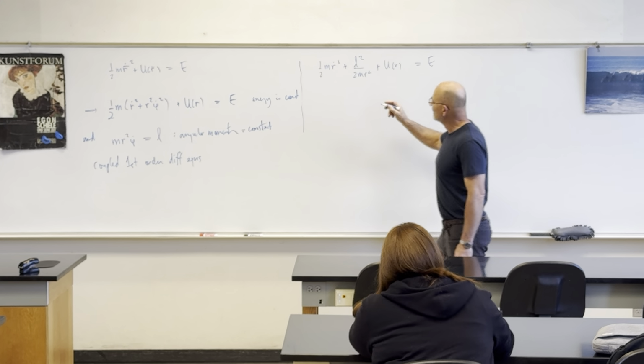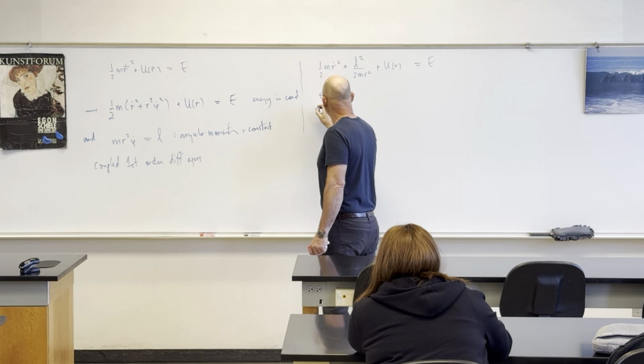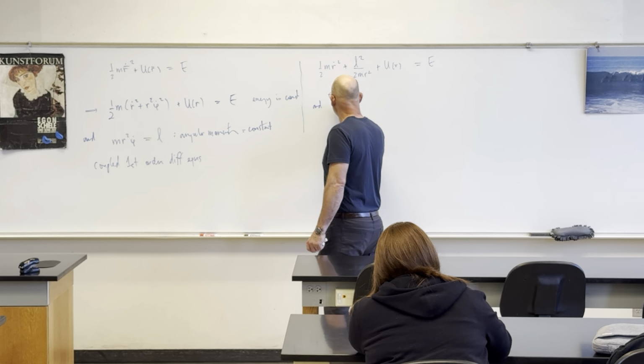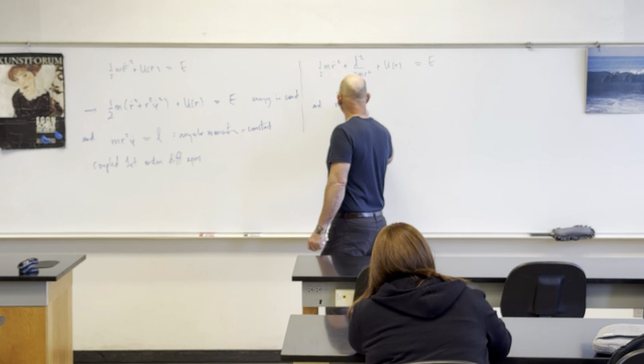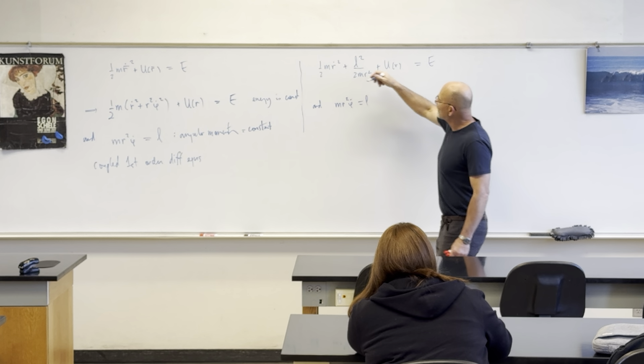And we could retain this one here, and then we have m r squared phi dot equals L. That's our second equation. But now we can just focus on this one.